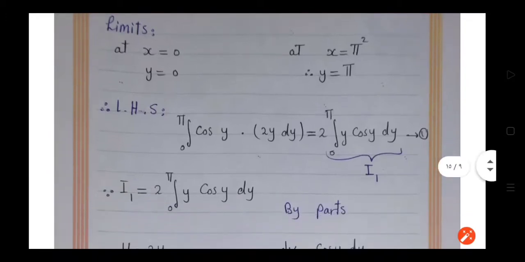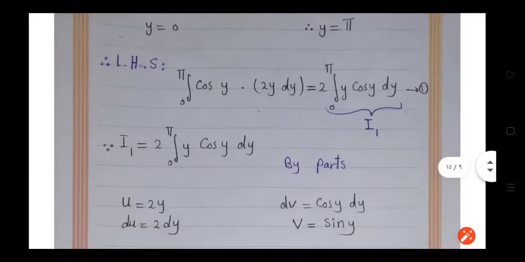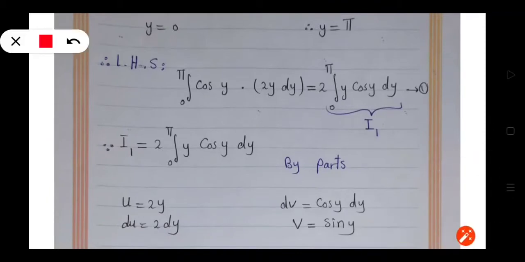By substitution in the left hand side, the integration will be the definite integral from 0 to pi of cosine y times dx, which is 2y dy. Put 2 outside the integration, it's a constant. Now the definite integral from 0 to pi of y cosine y dy.